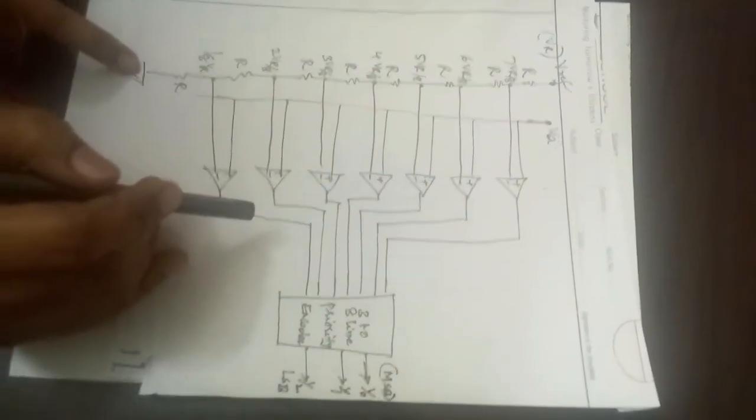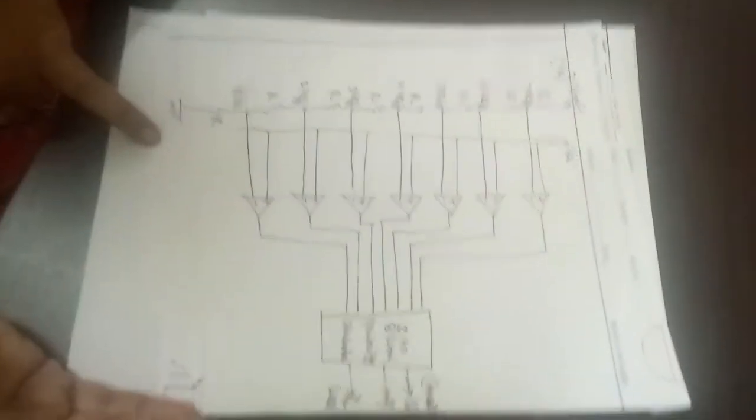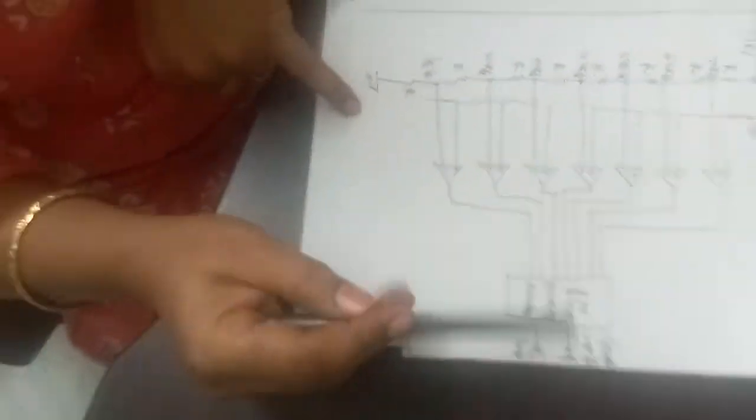That's why it is named flash. It is also named parallel comparator. Parallel comparator means here we connect the comparators, and these comparators give the outputs parallelly. So that's why this ADC is named flash type or parallel type ADC.